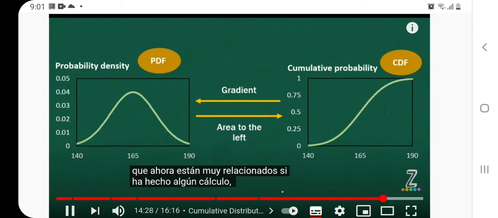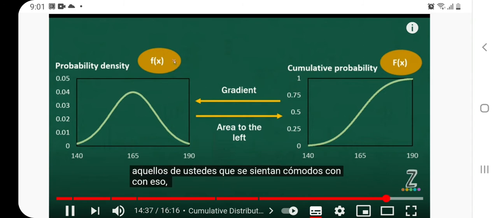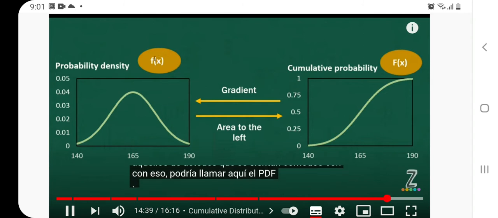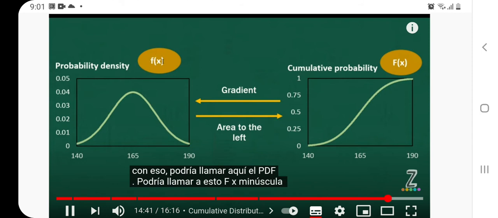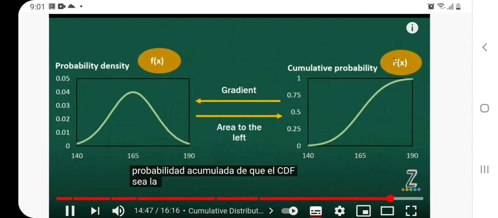Now, if you have done some calculus, you might be able to put this in terms of differentiating and integrating. And for those of you that are comfortable with that, I might just call the PDF lowercase f of x for the sake of the formulas to come. And the cumulative probability, the CDF, is going to be capital F of x.